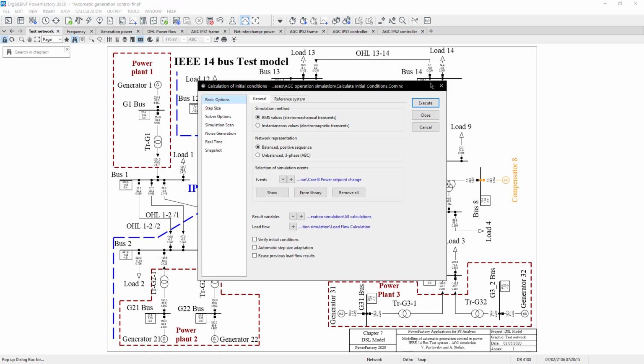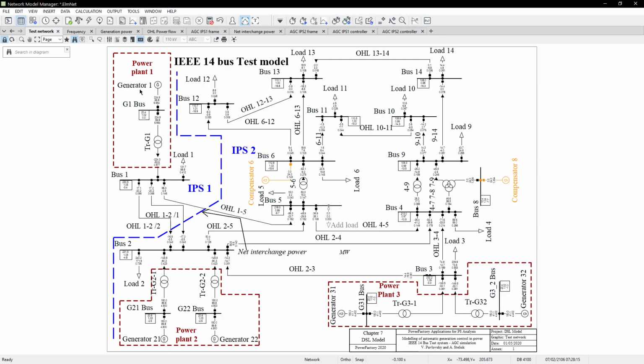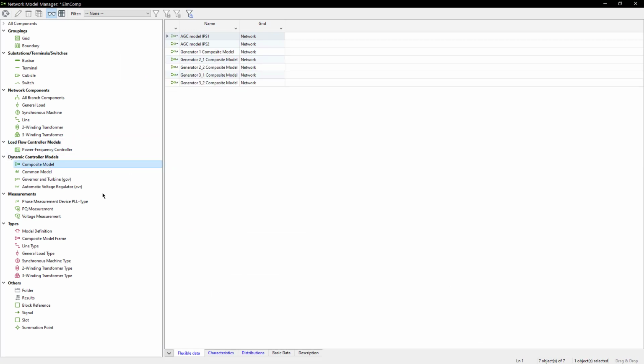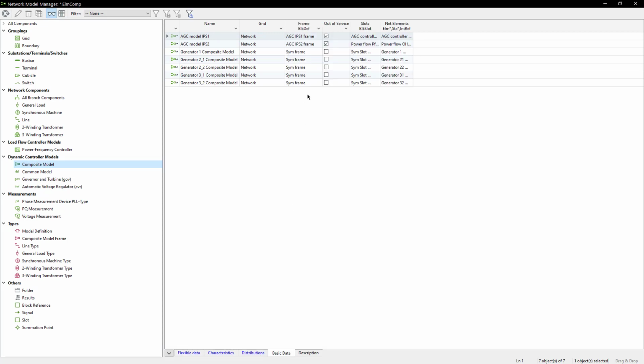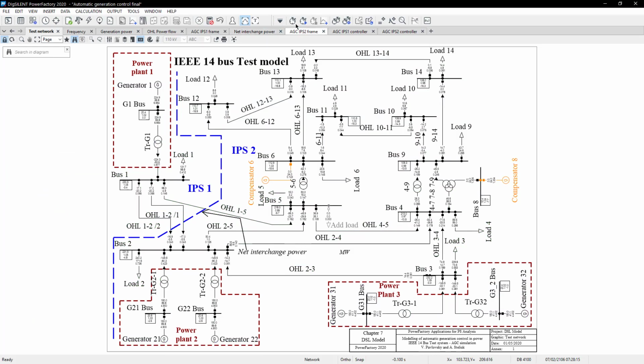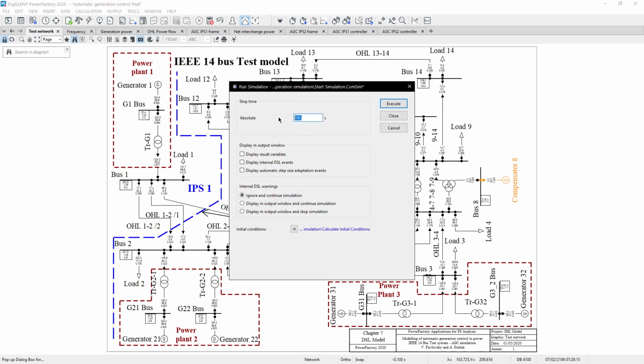What I will do is go to the initial conditions, and now I will enable those AGC, okay? I will go in and activate the AGC, and now run a longer simulation, let's say 300 seconds.